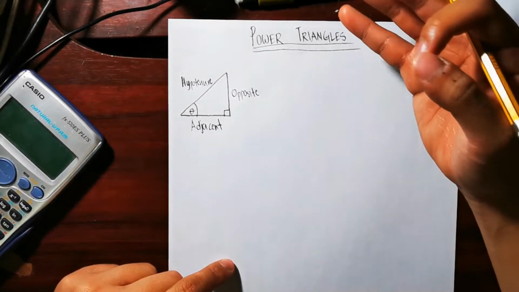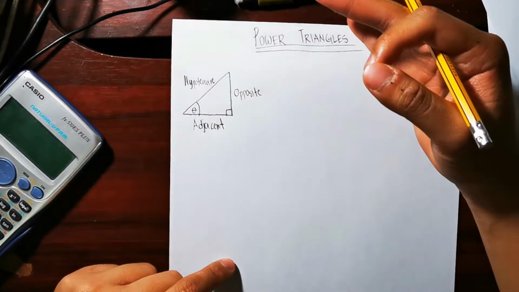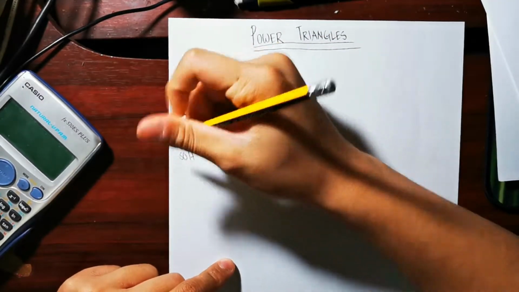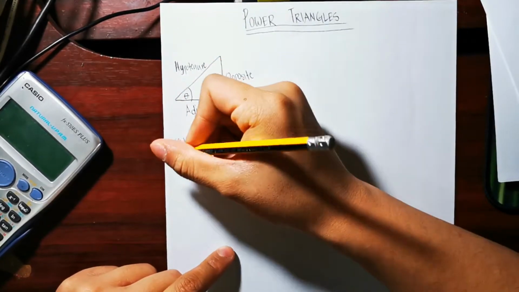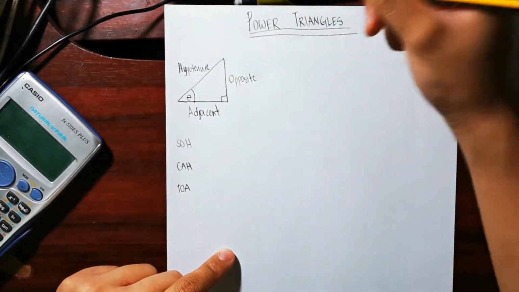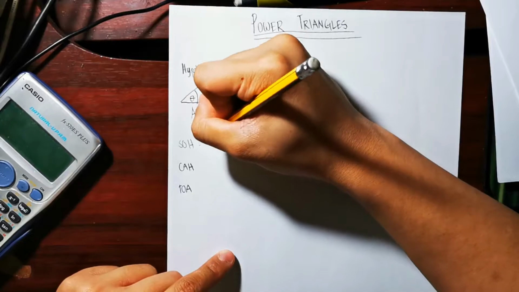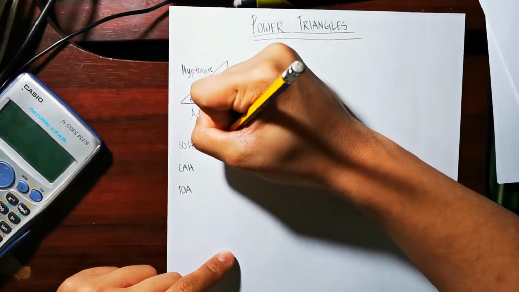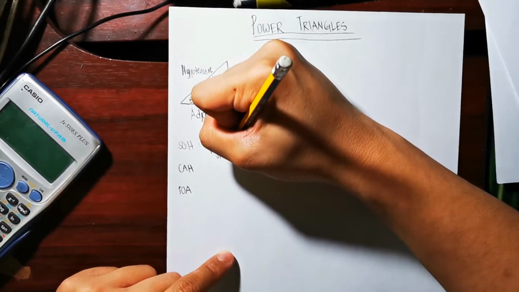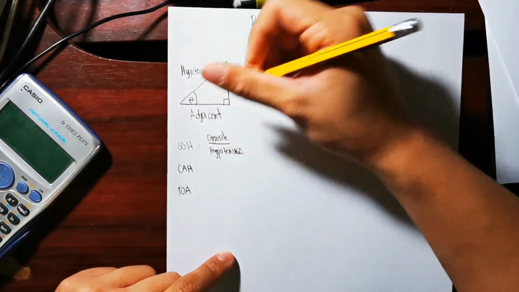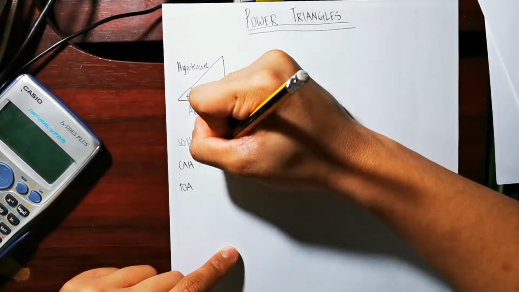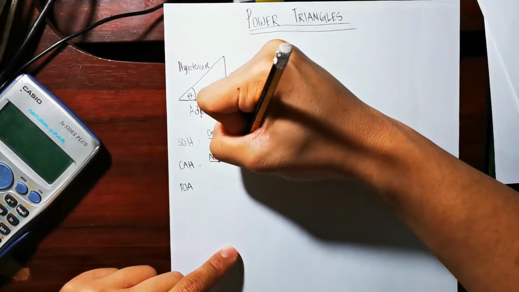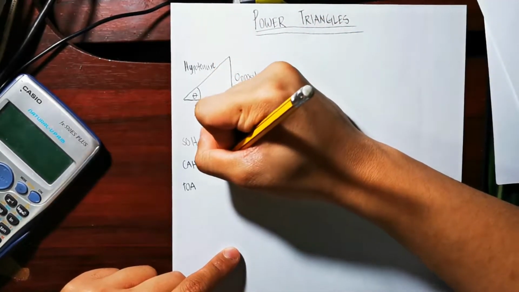And there are three basic types of trigonometric functions, commonly known as SOHCAHTOA. So, SOH is basically opposite over the hypotenuse. CAH is basically adjacent over our hypotenuse.